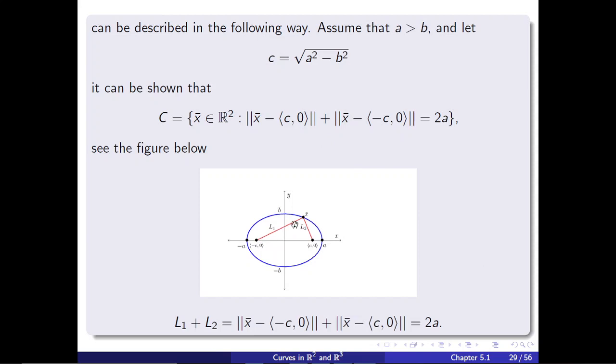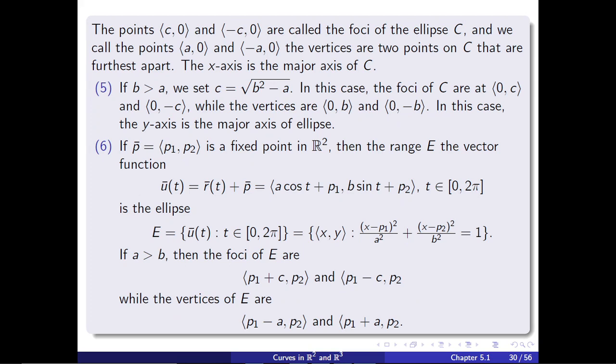So if we look at L1 plus L2, that should be equal to 2a, right? Okay, let's look at all the other points.